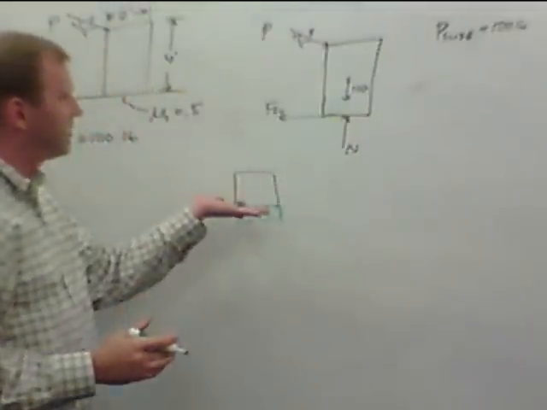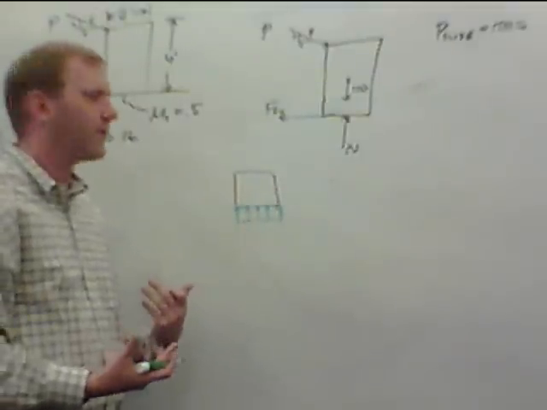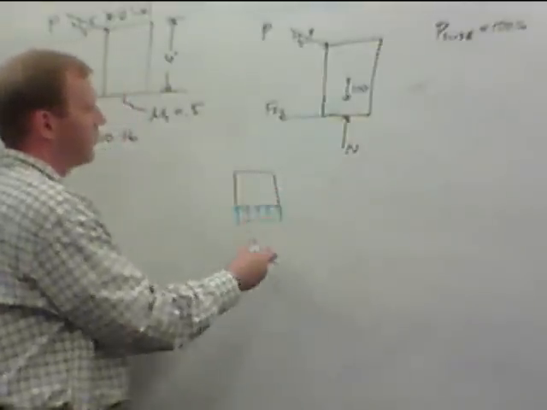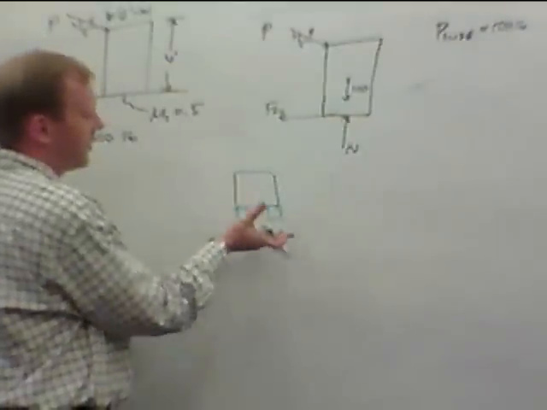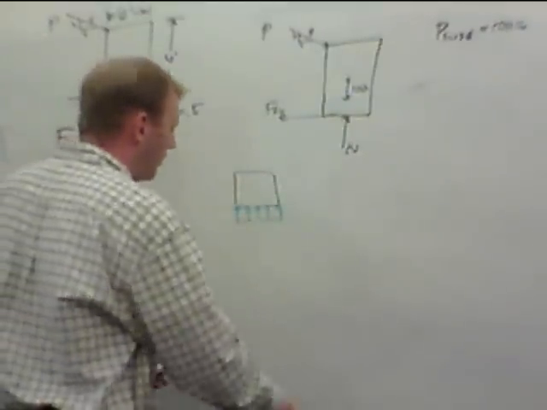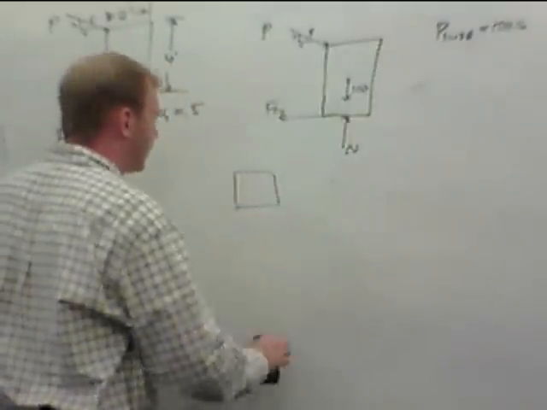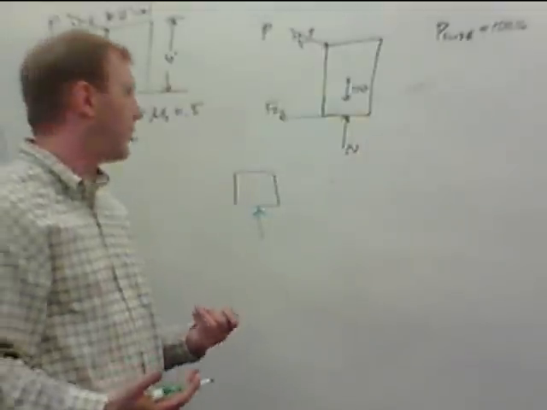As the table holds the block up, it holds the block up across that entire surface. So when we draw this individual force, we're saying the force that's holding it up is evenly distributed across the bottom. This is just a distributed load. We'll replace it with a single force right in the middle, and that'll work fine for our purposes.